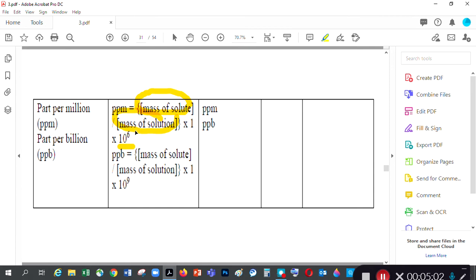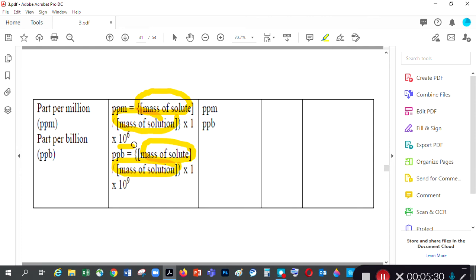Or called mega. So 10 power 6 is million. And the part per billion is the same thing here, mass of the solute divided by mass of the solution and multiplied by 10 power 9, which is billions, correct? 10 power 9, or called in another prefix is giga, correct?